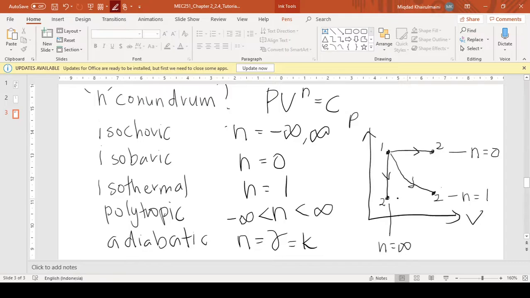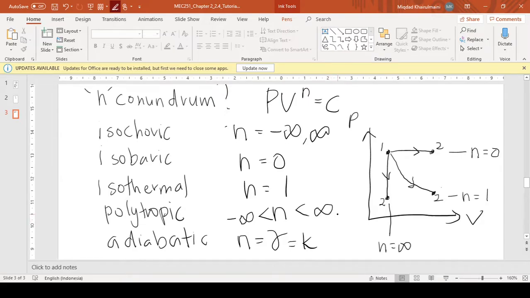So as you can see, isobaric, n equals 0. Isochoric, n equals infinity. Isothermal, n equals 1. For polytropic, n can be any number between negative infinity and infinity.